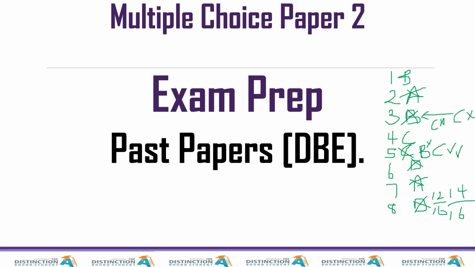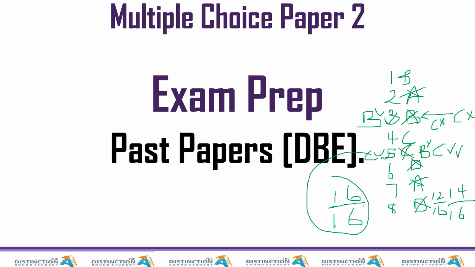Look, if it works out that you read again and then you notice that C is absolutely wrong for number 3, then you are going to make this a B and this a C. In that case, this will be correct and this will be correct. So you end up getting 16 out of 16. But you wouldn't have gotten this 16 out of 16 if you didn't know these 2 A's, 2 B's, 2 C's, and 2 D's. So I'm mentioning it so that you make use of that.